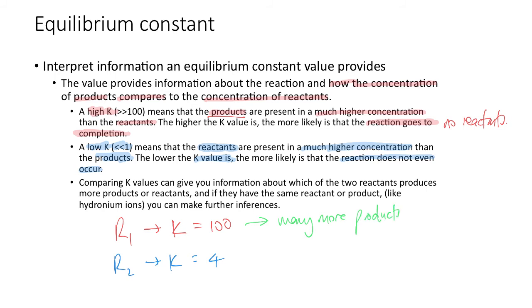And if one of those products happens to be a hydronium ion, we could say that this is more acidic, assuming that both of them have H3O+ ions in their reactions.